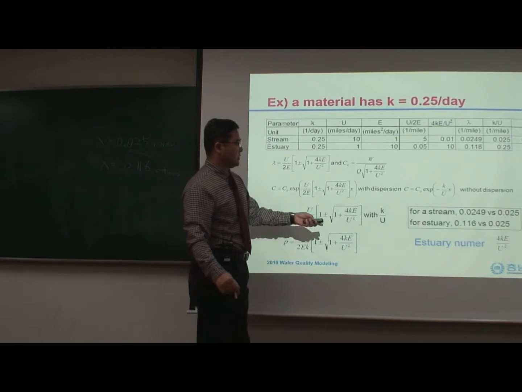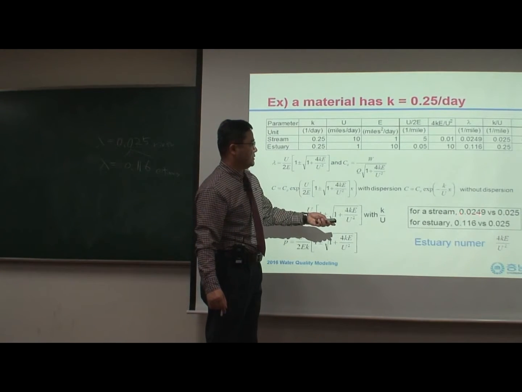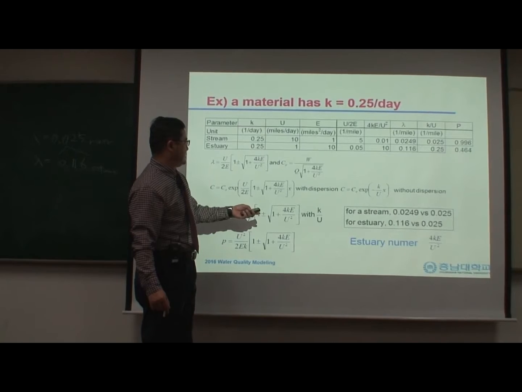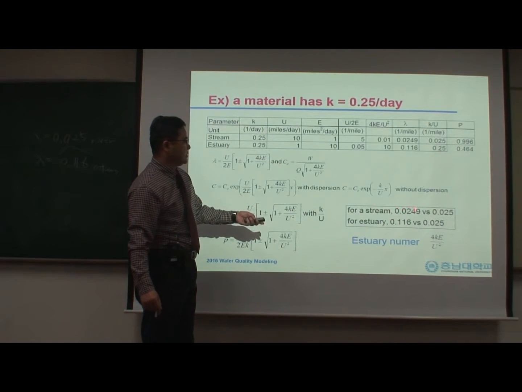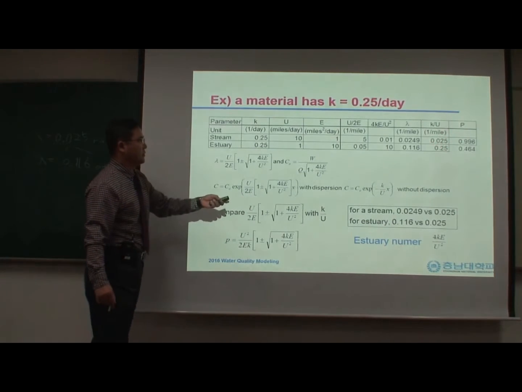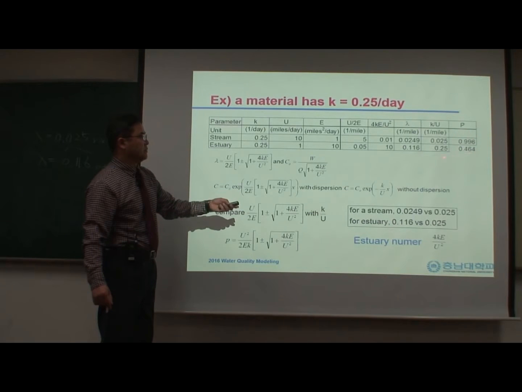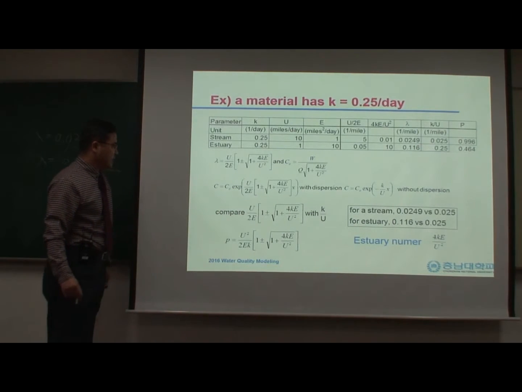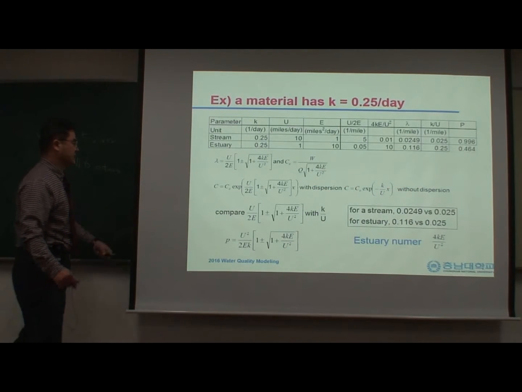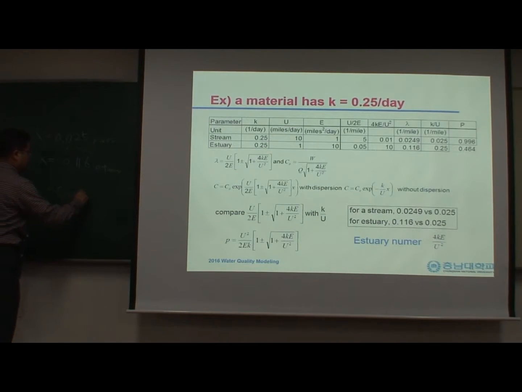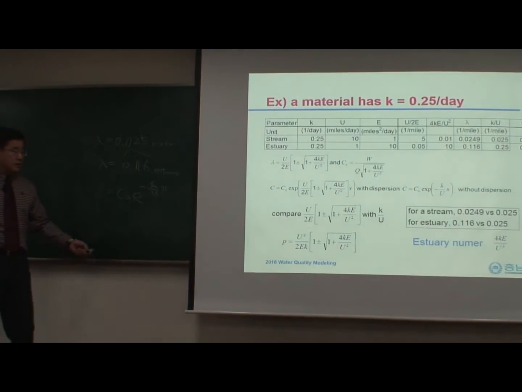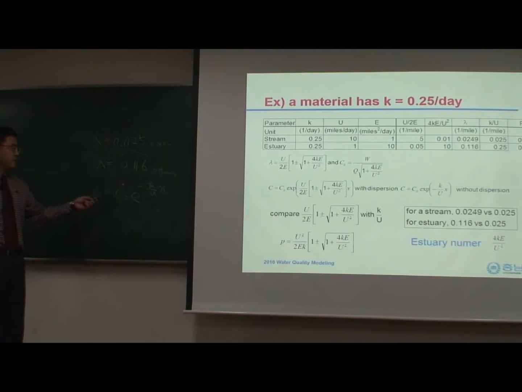So this one is trying to compare this one, and k divided by u is 0.025 and 0.025 right here. And what is k divided by u? When we have a plug flow system, and if we don't consider dispersion, we can have something like this.